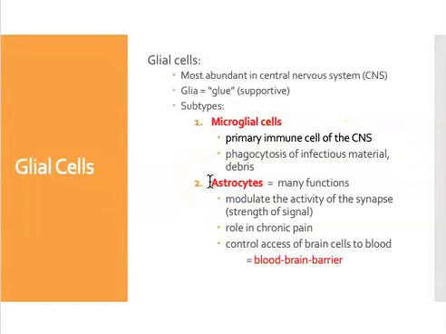Astrocytes are probably the most interesting of the glial cells because they have many functions. We probably don't yet understand all of the functions that astrocytes perform in the nervous system. One of the most well-known functions is that astrocytes make up a structure called the blood-brain barrier.